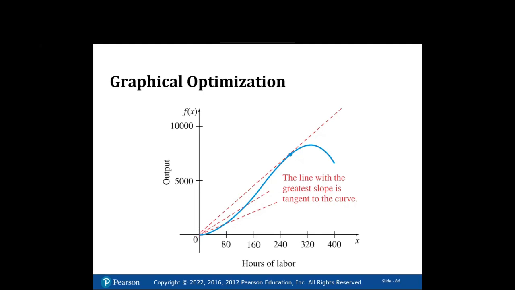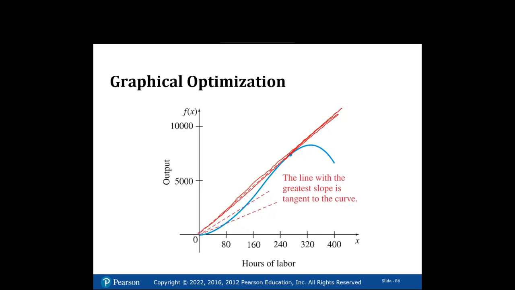I'm looking from 0 out. So here's 0 out to 80, all the way down. And this line here, from 0, you can see that the line with the greatest slope is going to be tangent to the curve. So if I start out at 0, I'm going to draw a line. It's going to be the one tangent to the curve here. So that is my greatest slope.